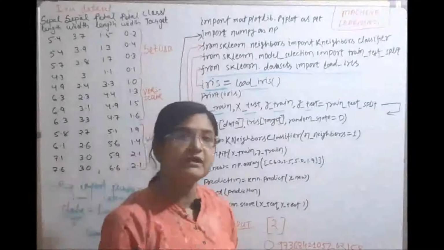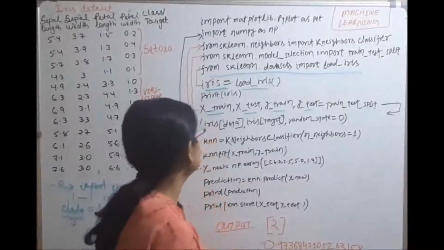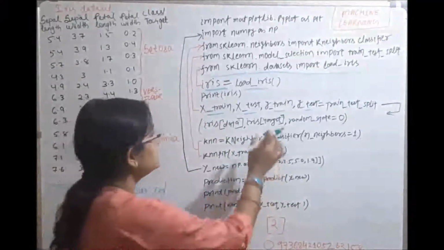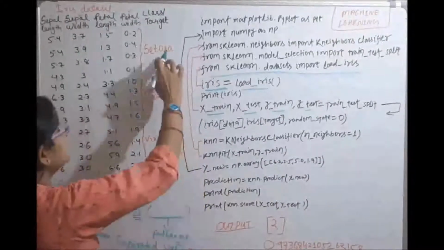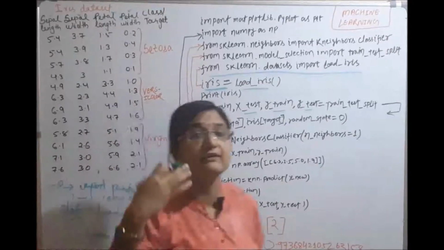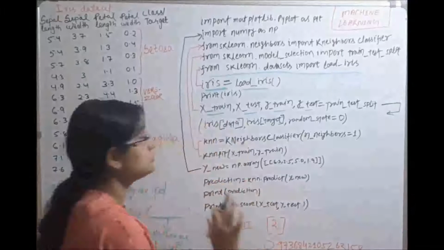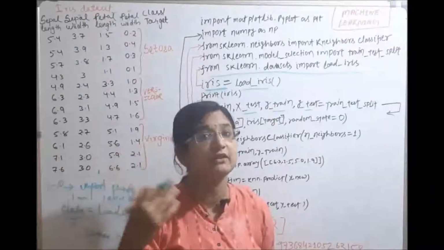There are three parameters in your train_test_split function. First is your iris data, that is your dataset, and the next is iris target, that is your target set. What target, what do I have to achieve, what answer is my target? My target is to define which species the flower belongs to.